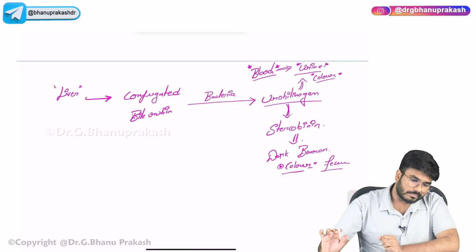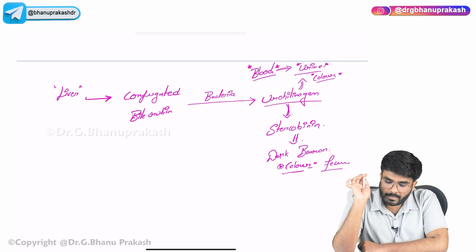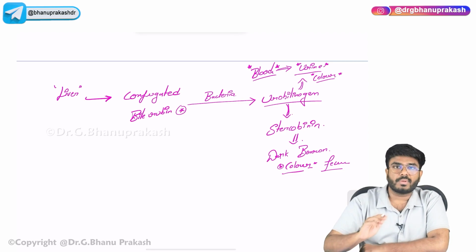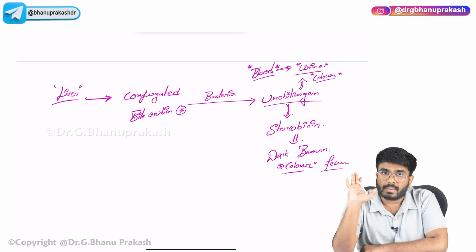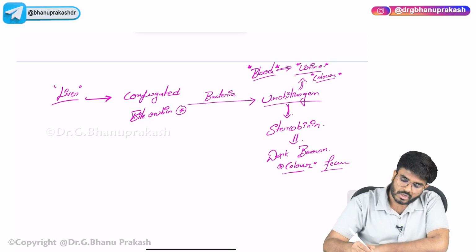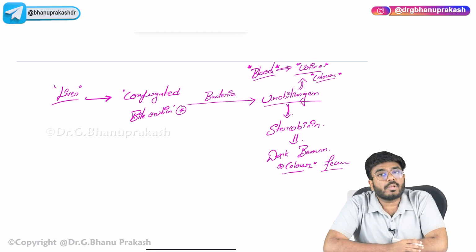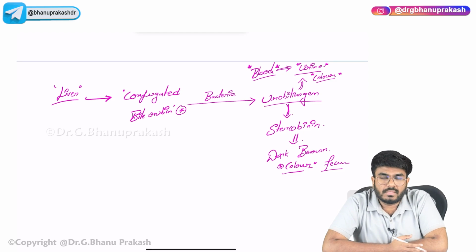Now, what happens in viral hepatitis? In viral hepatitis, the liver is still having the capability to produce conjugated bilirubin, and yes, conjugated bilirubin is produced, but it is not excreted into the bile.